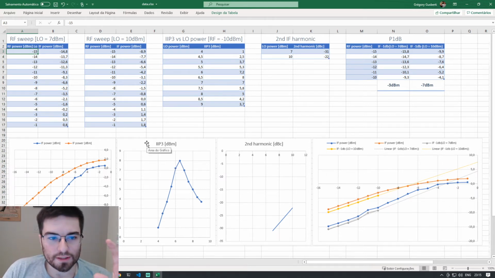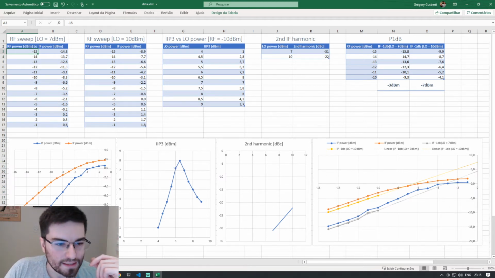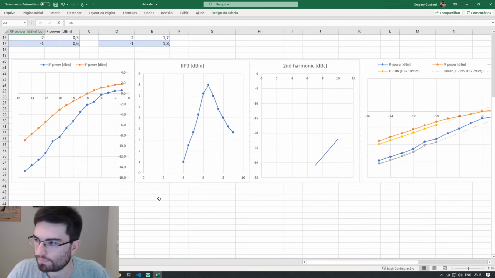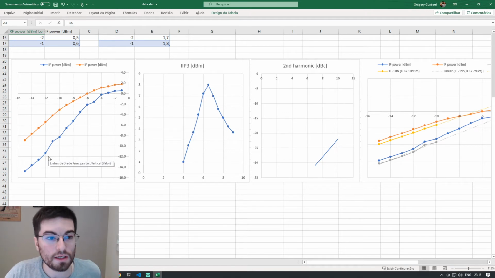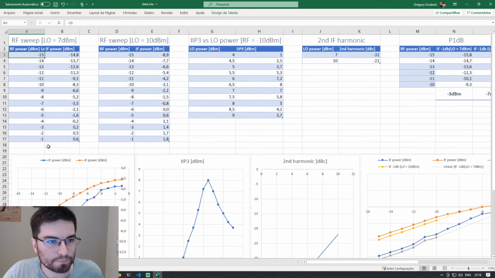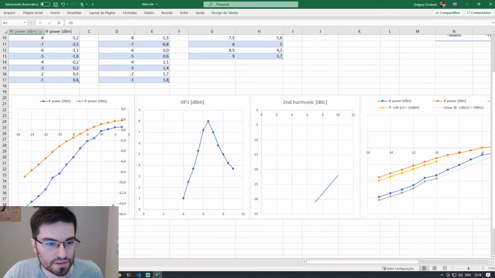A very important thing to understand, guys, is that here for lower powers, we are working in small signal. So we can see here, guys, that in this region the transistor is working from a small signal perspective. We have a linear model of the active mixer, and we are working here in the linear model. When we start to increase a lot the power in the RF, in the base of the transistor, we start to go to compression.